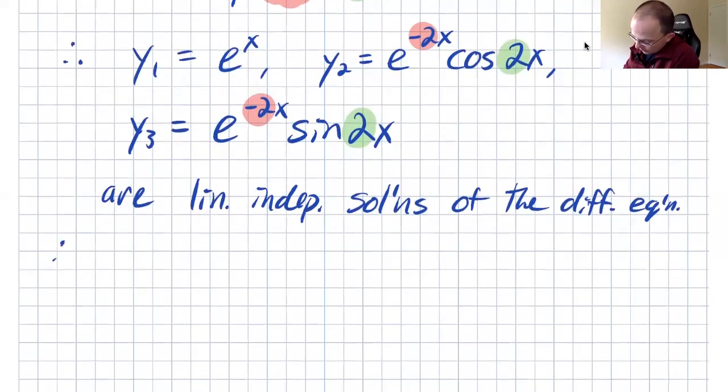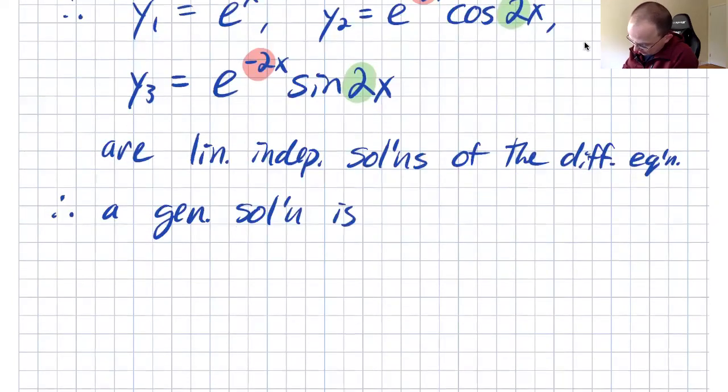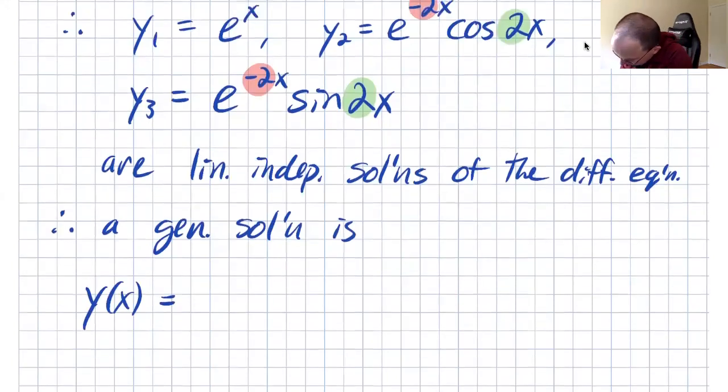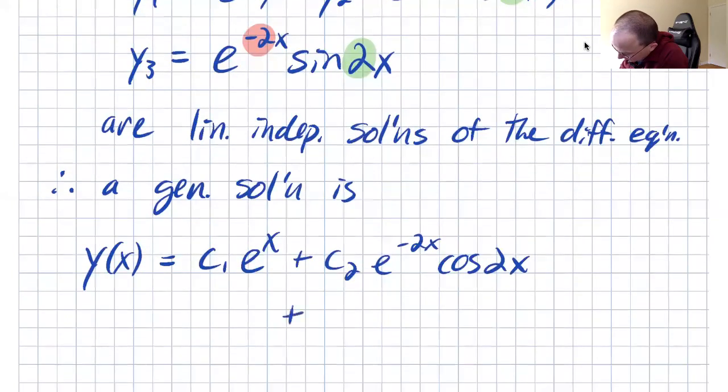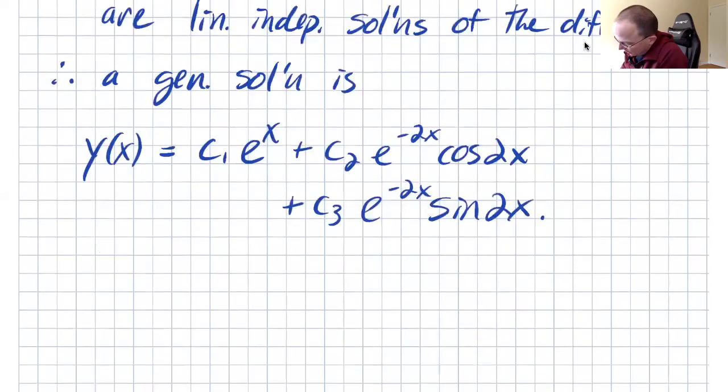And therefore, a general solution is a linear combination of those. So we get C1 e to the x plus C2 e to the negative 2x cosine 2x, plus C3 e to the negative 2x sine 2x. And that's our general solution.